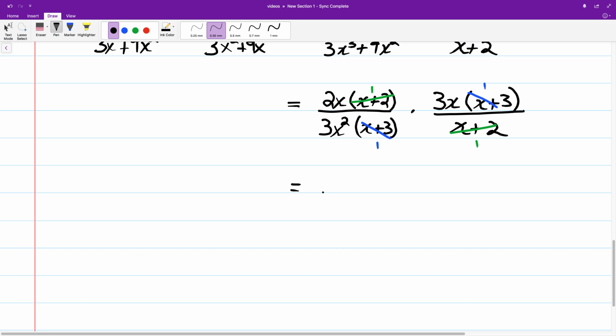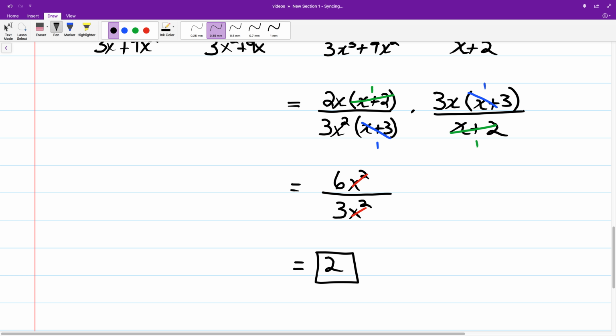So we multiply together the numerators and denominators. I have 6x squared from the 2x times 3x product, over 3x squared. The x squares cancel, and 6 over 3 reduces to 2.